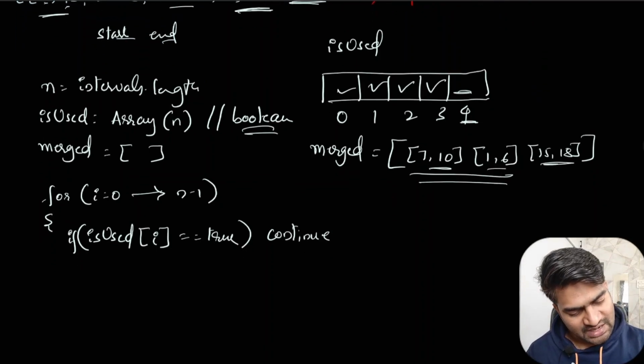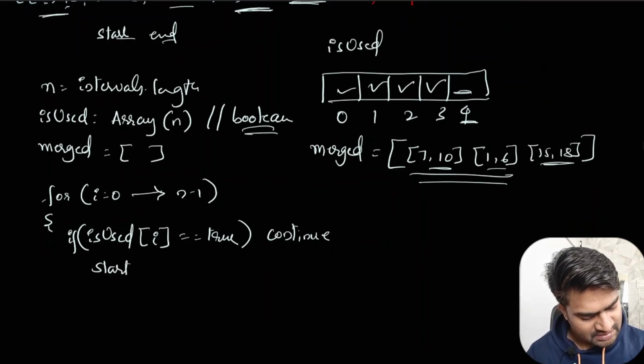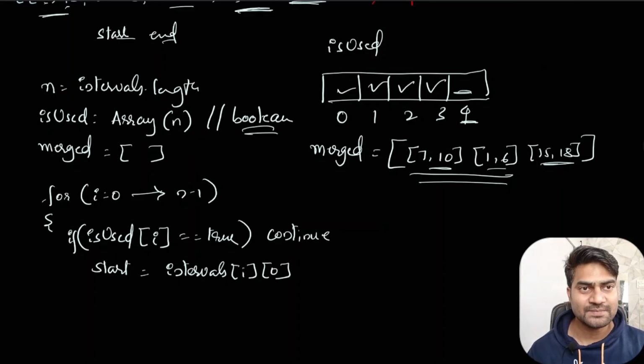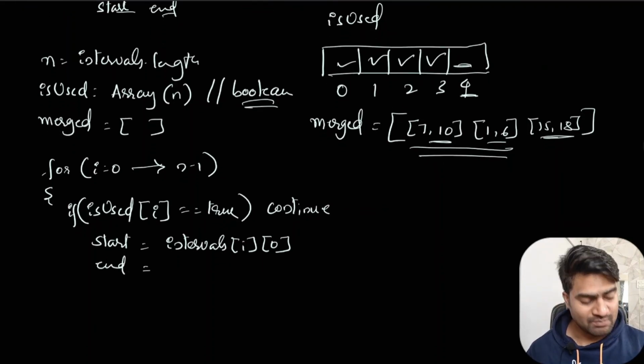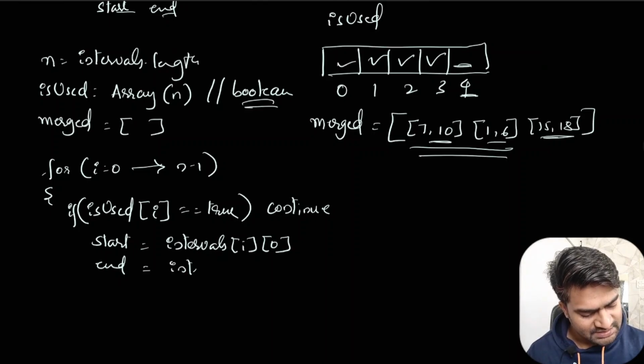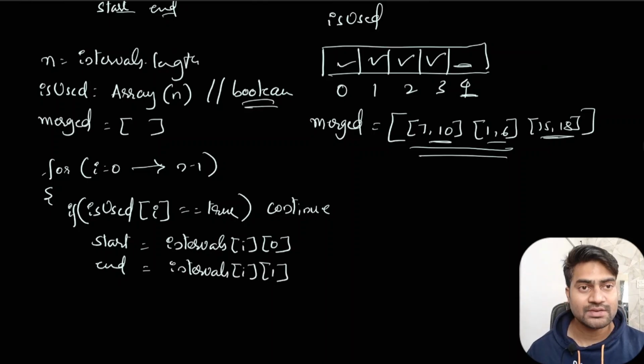So for that I will say my start equal to intervals of i. This will give the interval. In that, the first number is my start number. Then I will take the end number, which is intervals of i of 1.